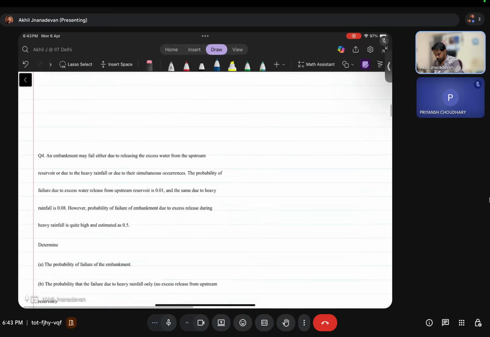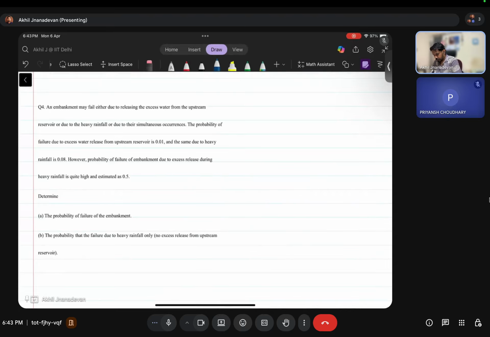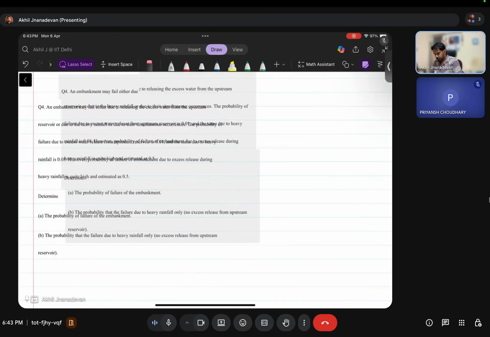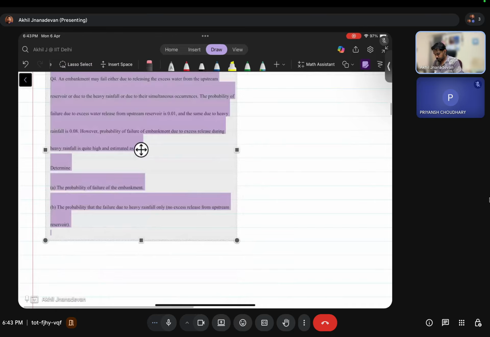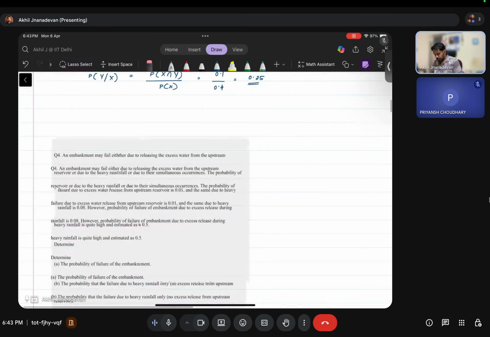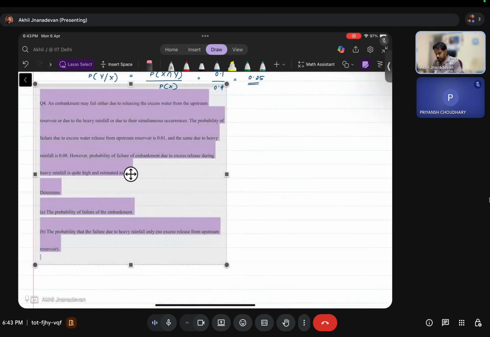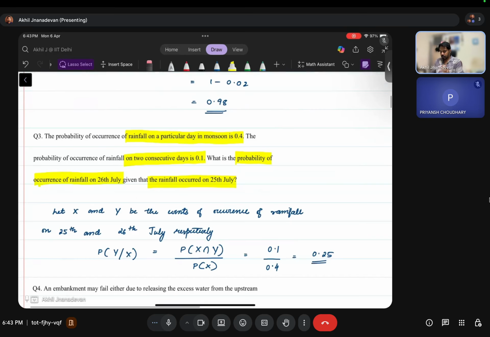Now we have a lengthy question. It seems lengthy, but the answers will be very short. While solving these questions, keep in mind these are all related to hydrological variables. The probabilities already given in the question are something that we need to quantify.